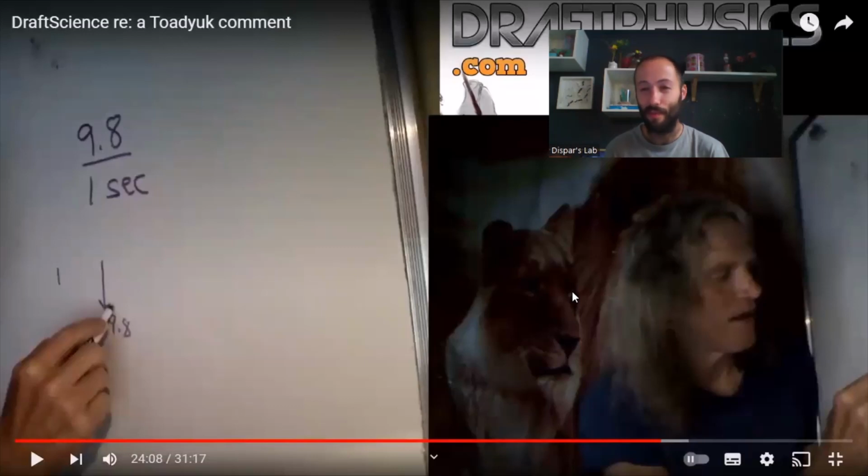And the next second, I'm going to gain another 9.8 meters per second, and the next second, another 9.8 meters per second. For every second, I am gaining 9.8 meters per second. In other words, 9.8 meters per second for every second. Meters per second per second.